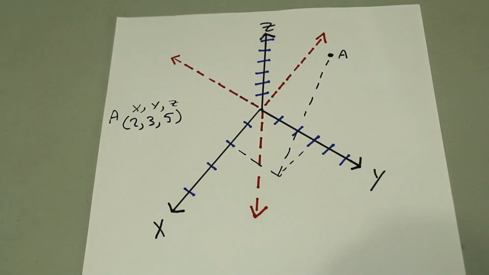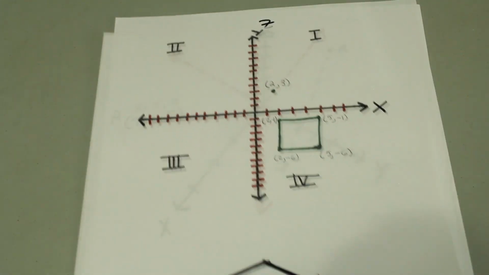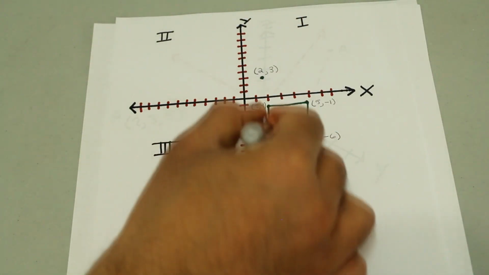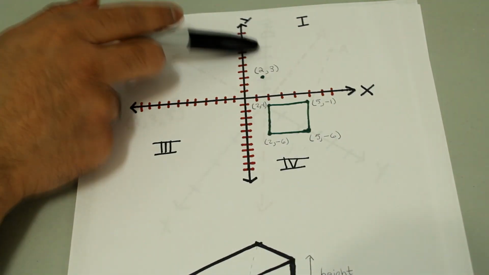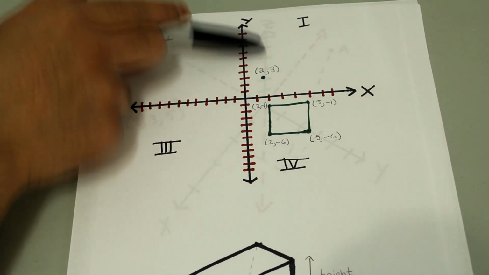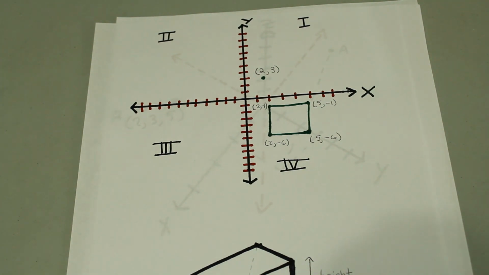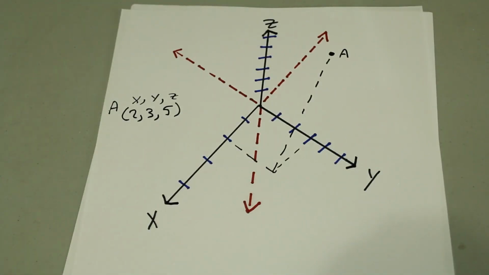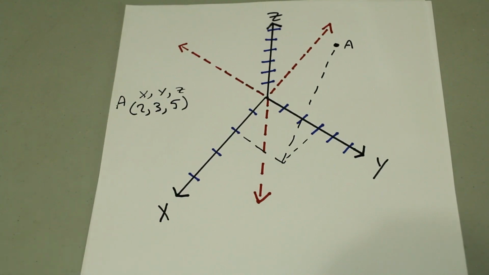Now I want to ask you, if we had x equals 2 on a 2D coordinate plane, what would we have? Well, you would have a vertical line, because the x value has to be 2, but the y value can be anything. Likewise, what if we had x equals 2 on a 3D coordinate system? What would we end up having?